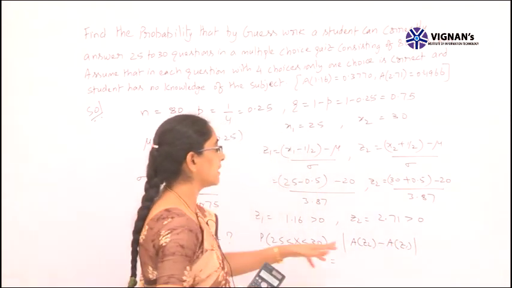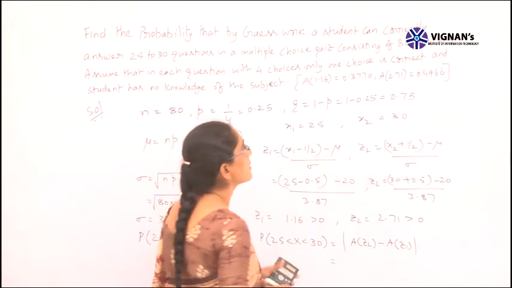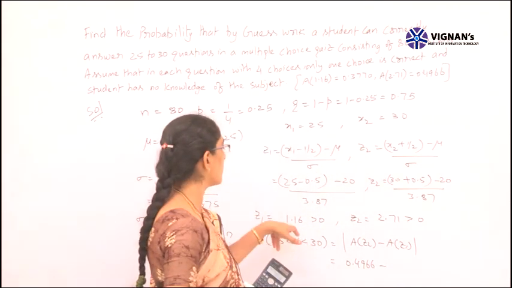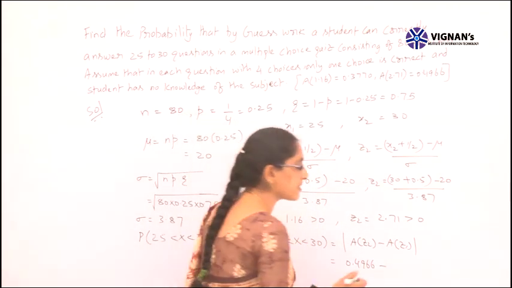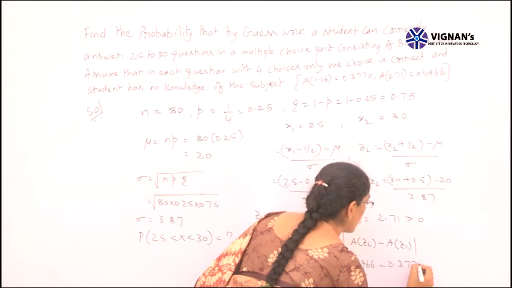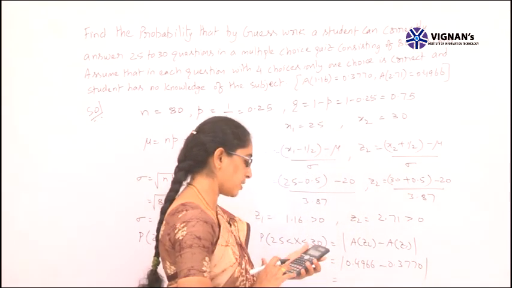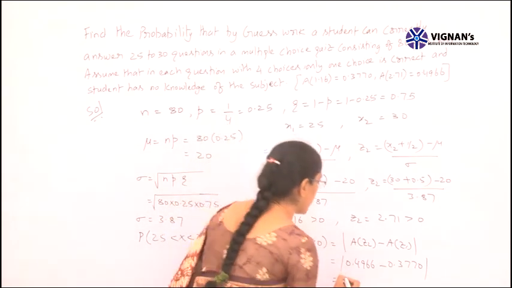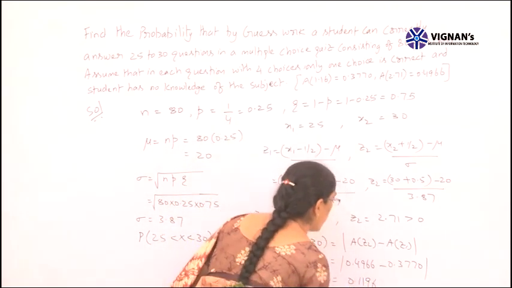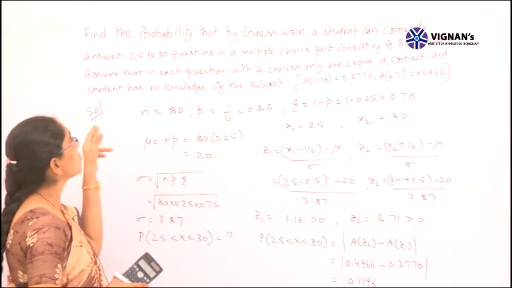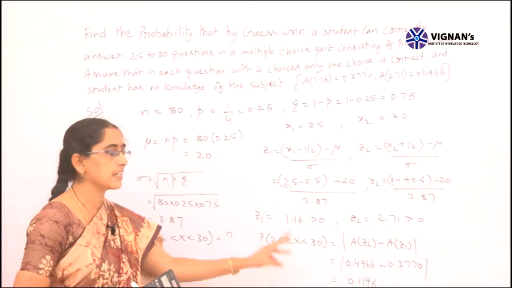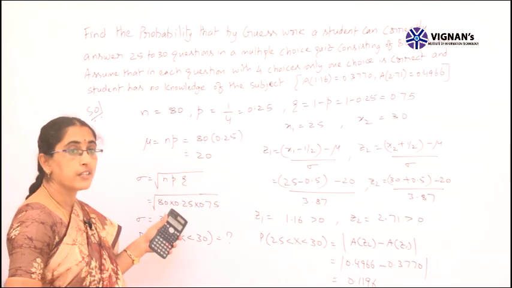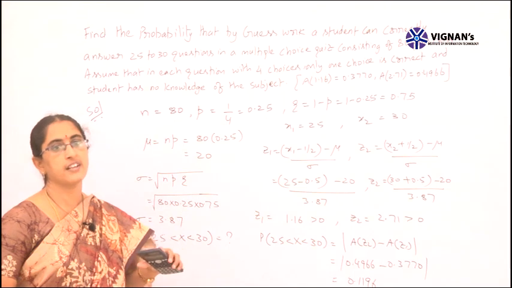A of Z2, the area value of 2.71, is 0.4966, minus the area value of Z1, that is 1.16, which is 0.3770. So it is 0.4966 minus 0.3770, which is 0.1196. So the probability that a student can answer 25 to 30 questions out of 80 is 0.1196. In this way we can solve binomial distribution problems when the number of trials is indefinitely large.